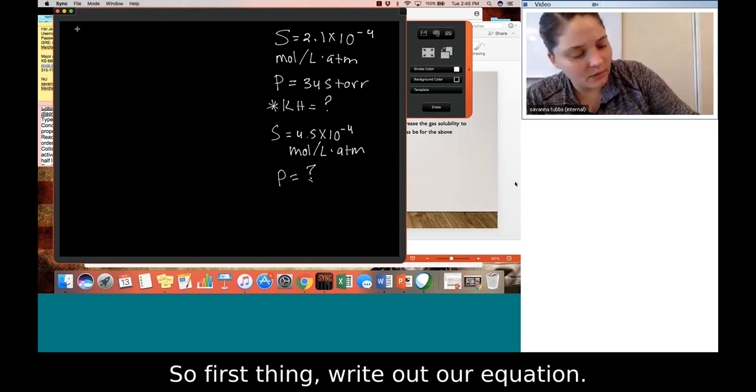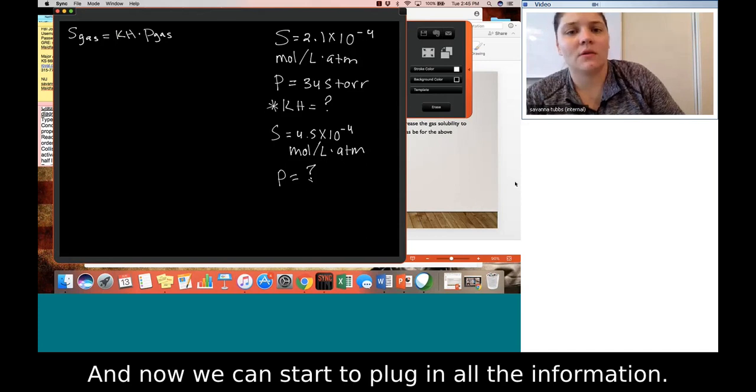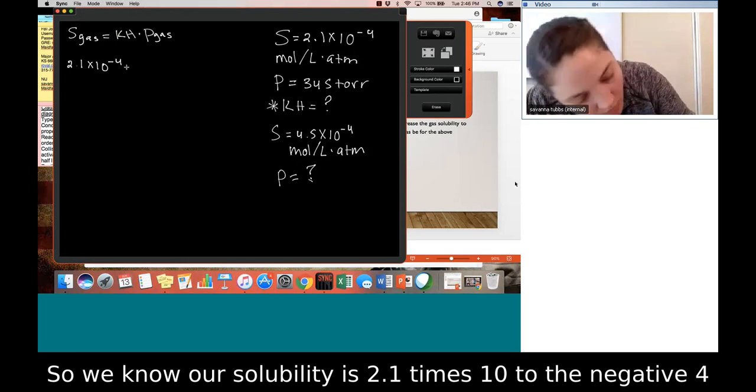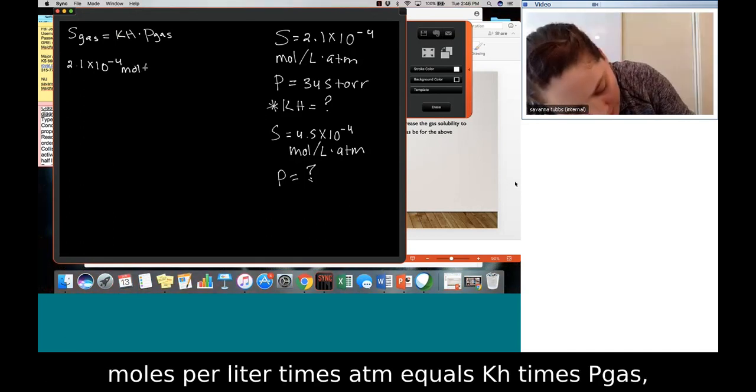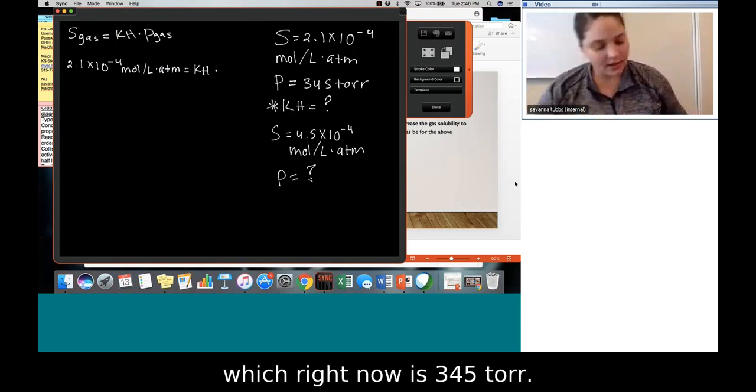So first thing, write out our equation. And now we can start to plug in all the information. So we know our solubility is 2.1 times 10 to the negative 4 moles per liter times ATM equals KH times P gas, which right now is 345 torr.